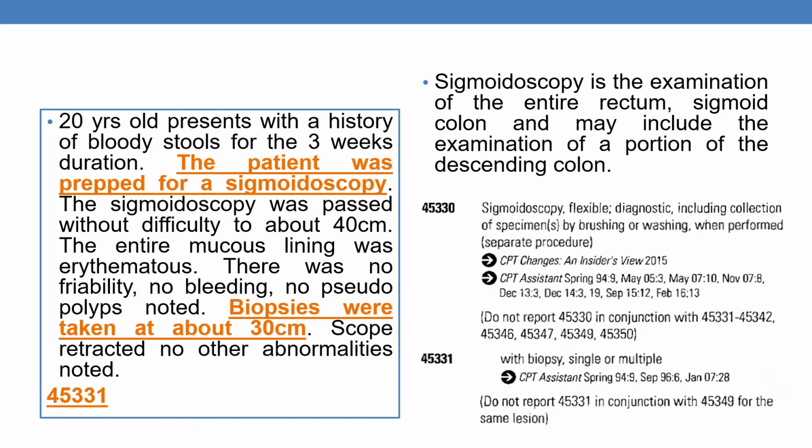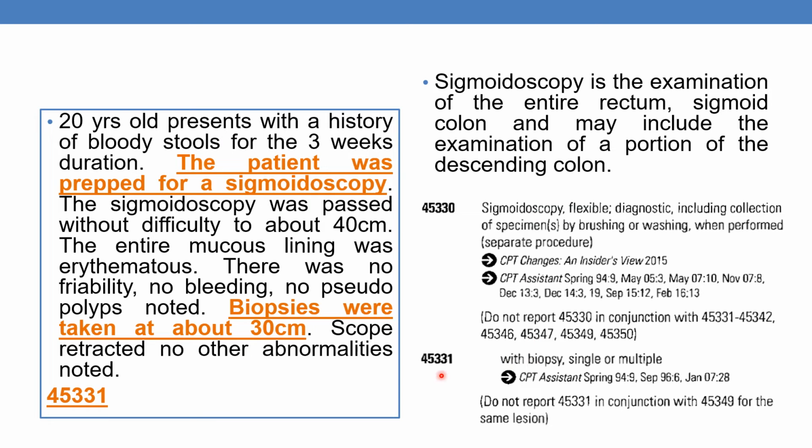Here sigmoidoscopy is performed along with the biopsy. Sigmoidoscopy is nothing but examination of the entire rectum, sigmoid colon and may include the examination of portion of descending colon. So under sigmoidoscopy, if you see 45330, it is sigmoidoscopy flexible diagnostic including collection of specimen with the biopsy.